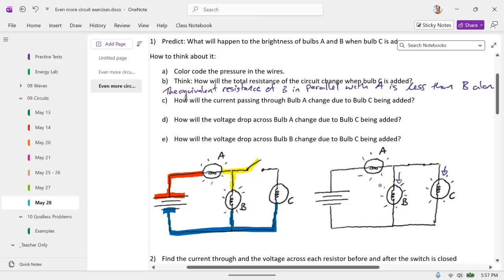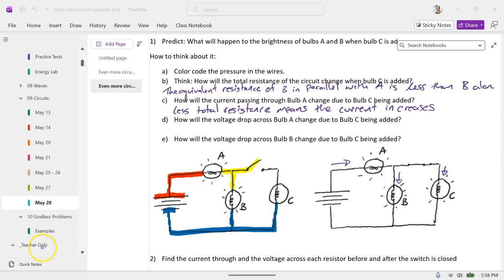How will the current passing through bulb A change due to bulb C being added? How will this current change? Well, the total resistance of this whole circuit is now less, so the current increases. Less total resistance means the current through bulb A increases, and the current through the battery does as well. Let's see that in the simulation.